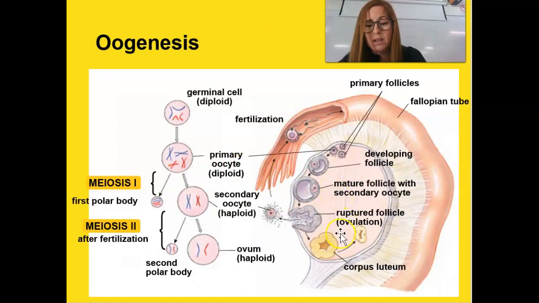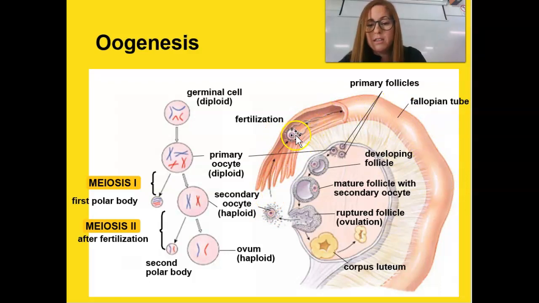And here's another look at that. Here you have the ovary, and inside that ovary, the secondary oocyte is released after meiosis 1. This happens once a month on average, during ovulation. It goes into the fallopian tube, sometimes called the oviduct.